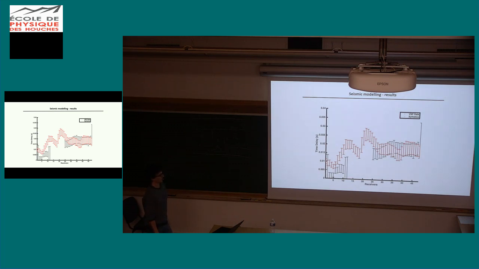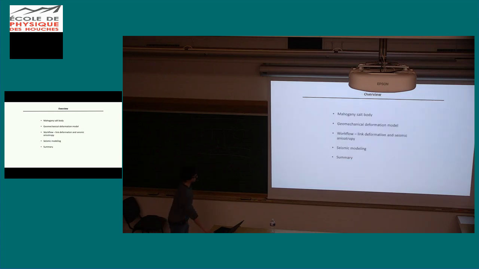We end up with quite a nice match between the delay times, especially at the receivers below the salt, which should give us the most stable results. Obviously, this doesn't mean that the anisotropy we see in the Mahogany salt body needs to be due to crystal alignment, but our synthetics match with that quite well.